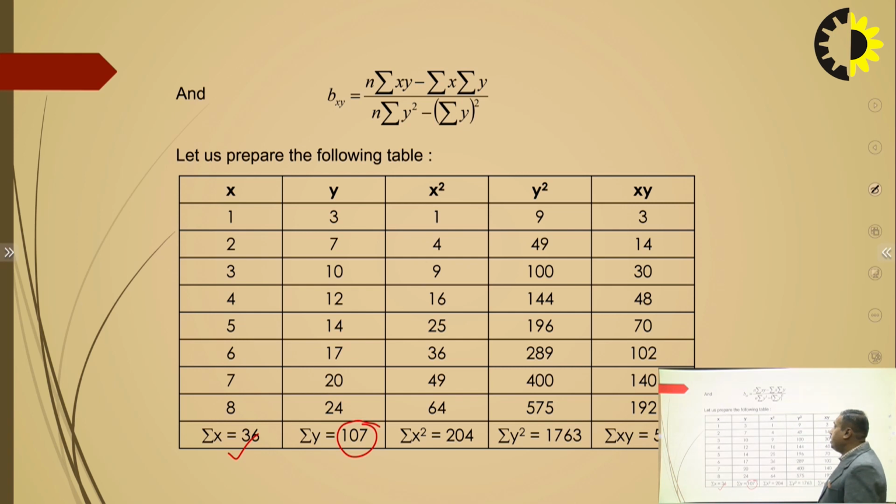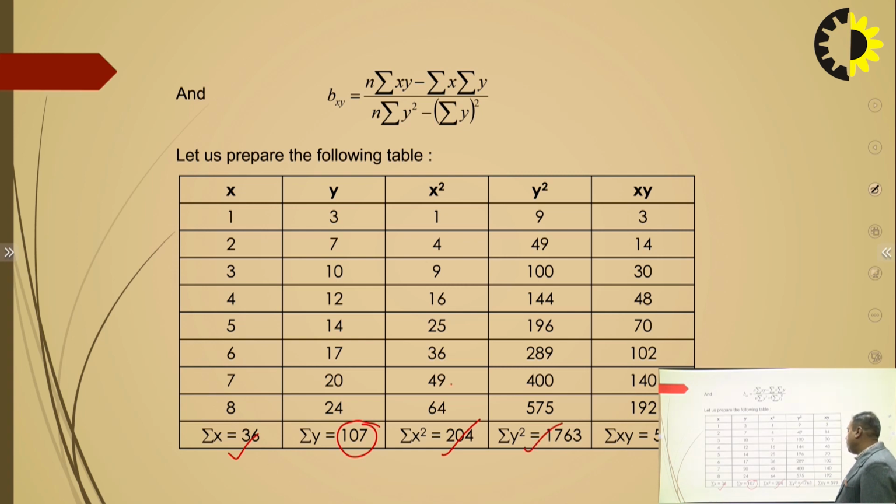Now we have to calculate x square. X square means 1 square is 1, 2 square 4, 3 square 9, 4 square 16, 5 square 25, 6 square 36, 7 square 49, 8 square 64. Summation x square is 204. Similarly y square: 3 square 9, 7 square 49, 10 square 100, 12 square 144, 14 square 196, 17 square 289, 20 square 400, 24 square 576.